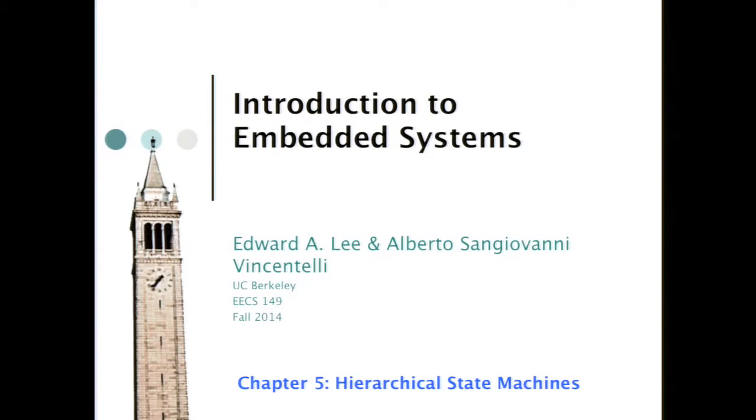The big picture is that state machines give us a way of formalizing decision logic, discrete decision logic, sequential decision making, okay? And you can use it to formalize fairly complex behaviors.